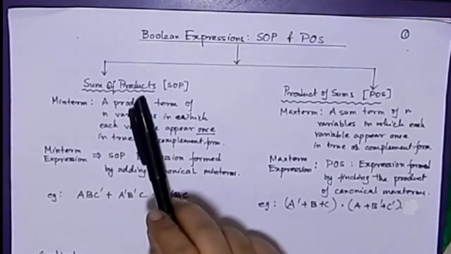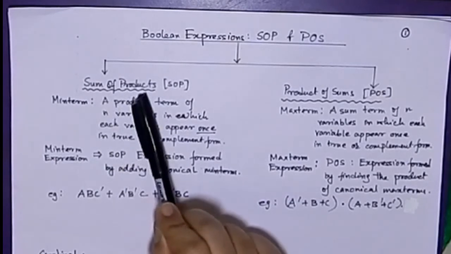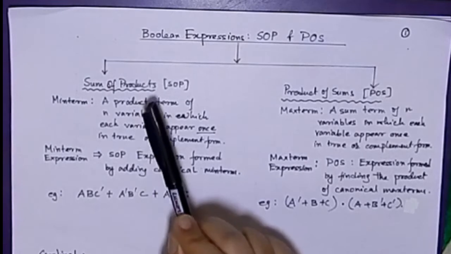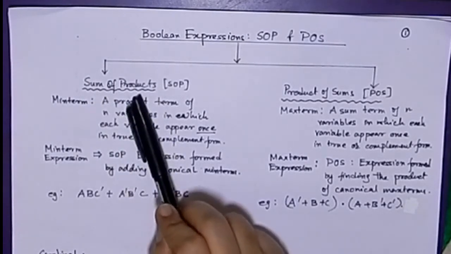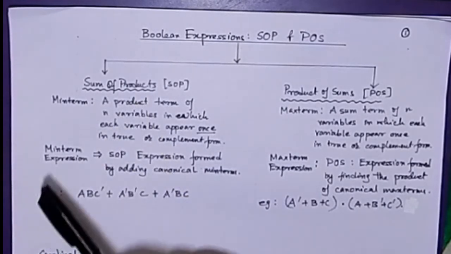Now sum of product, from the name itself you can understand this is an expression formed by the sum of some product terms, and each of those product terms are min terms. Now what are min terms?